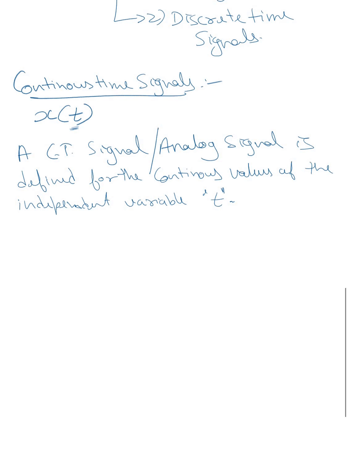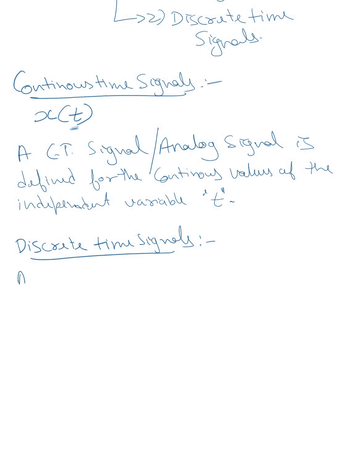On the other hand, a discrete time signal is defined only for discrete time, and consequently for discrete time signals the independent variable takes only a discrete set of values.